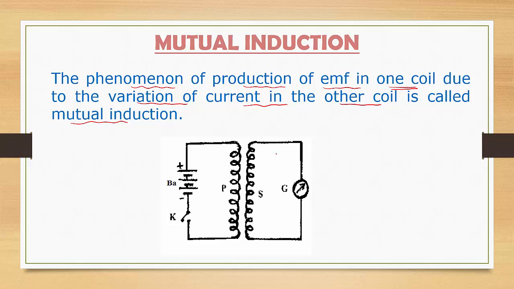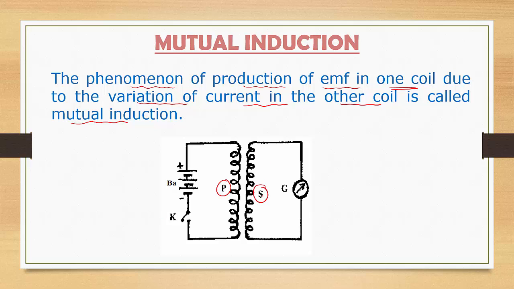You can observe this circuit diagram. We are going to consider a pair of coils P and S. First one is the primary coil, which is denoted by P, and the second one is the secondary coil, which is denoted by S. The primary coil is connected to a battery as well as a tap key, or you can take it as a plug key.